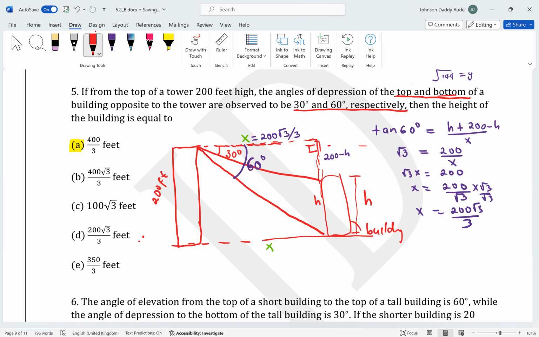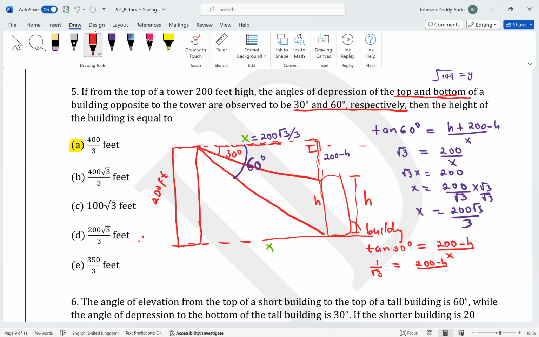So you will see that we can also use tan 30. Tan 30 now will be 200 minus H over x, right? But we know what is tan 30. Tan 30 is 1 over root 3. And this is going to be 200 minus H over x.